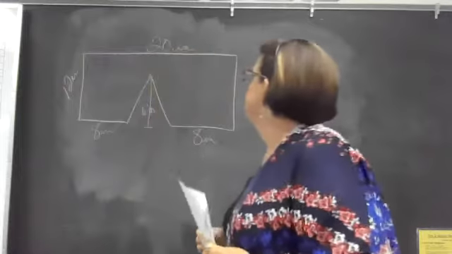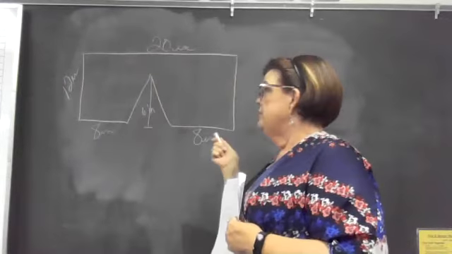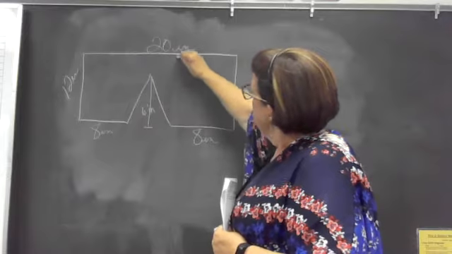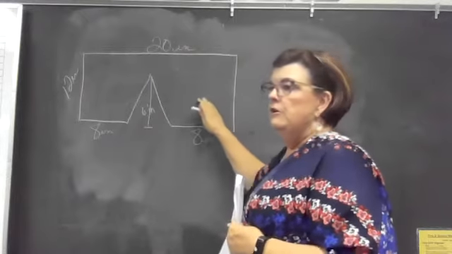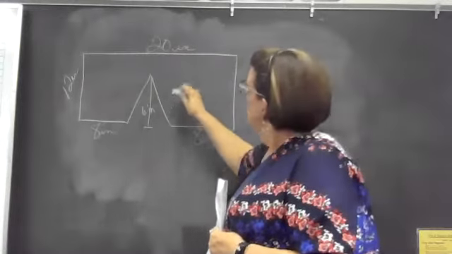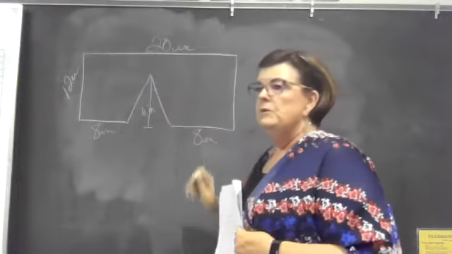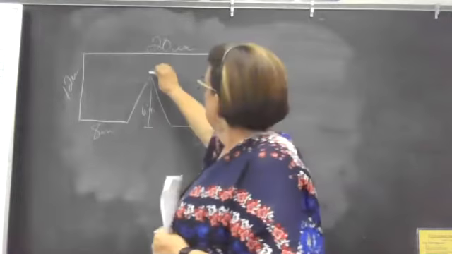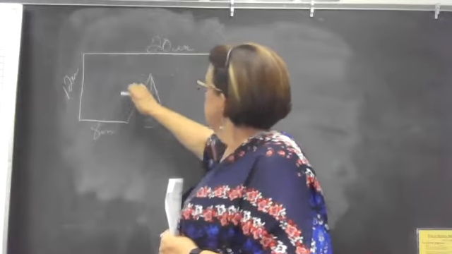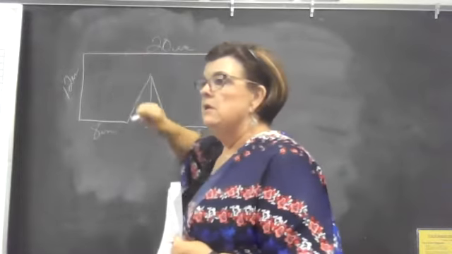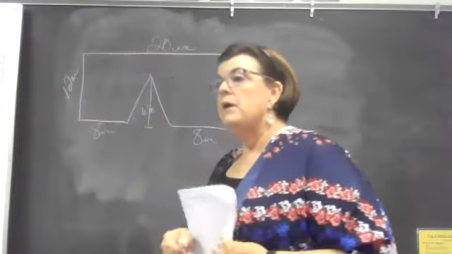Okay, now, we could break this up like this, and we could find the area of this piece, and then we could come across here, find the area of this piece, right? We could find the area of that triangle, find the area of that rectangle, and find the area of this rectangle, right?